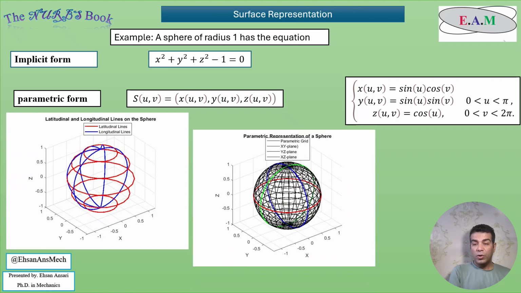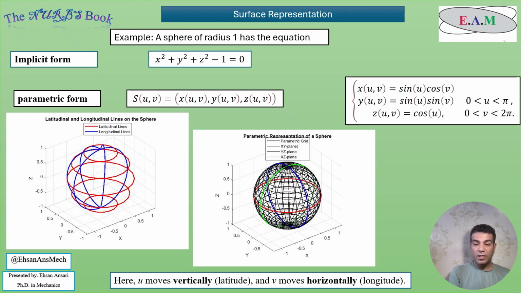The parametric equations are the x, y, and z components as depicted in the slide. You can see the mathematical visualization showing both the implicit and parametric forms of the sphere. Even though the equations differ, they describe the same surface geometry. Here you move vertically and we move horizontally.